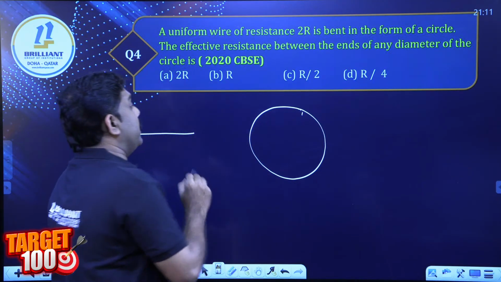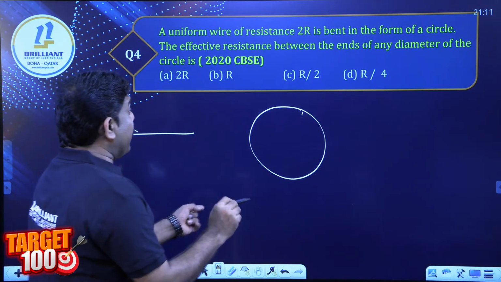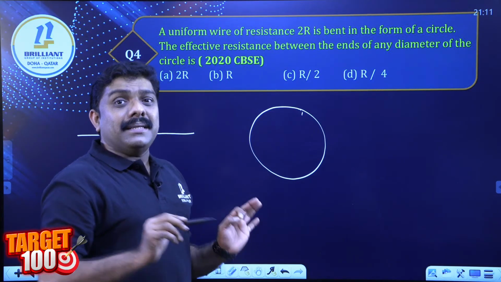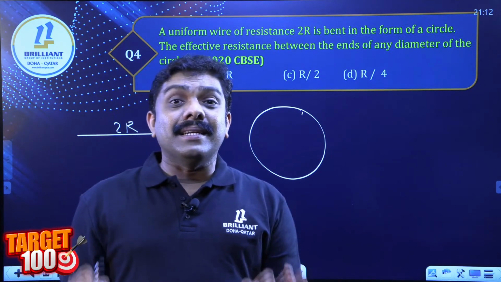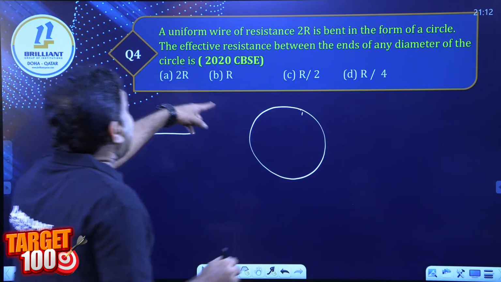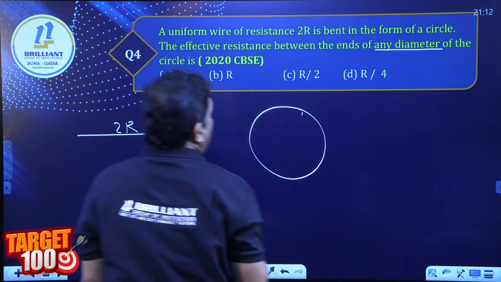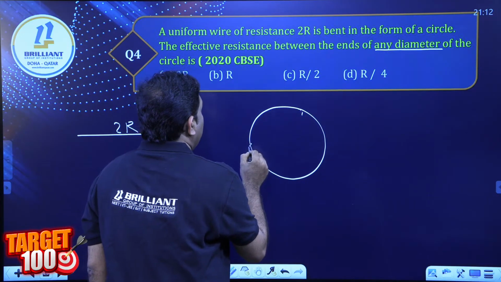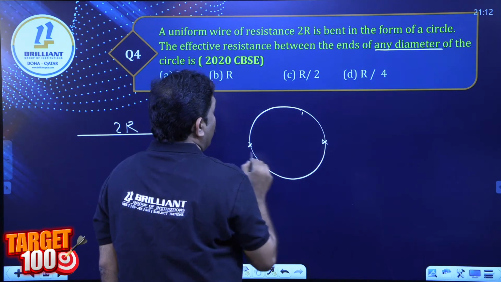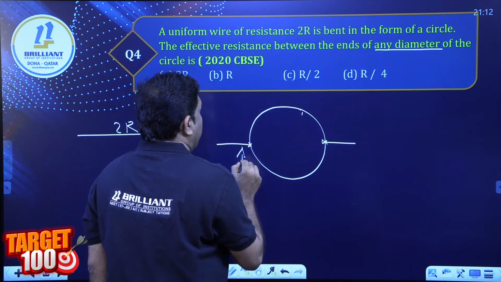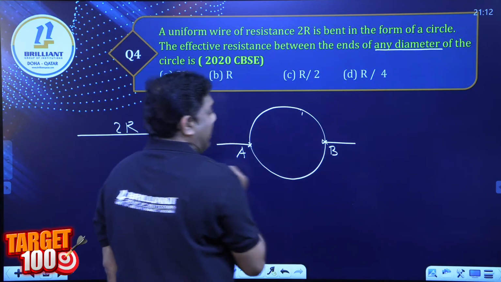If it is bent in the form of a circle, the resistance will still be 2R. But they are asking, what is the resistance between the ends of any diameter of the circle? So look, I am marking a point here and a point here. This is the diameter of the circle. Let us mark point A and point B.